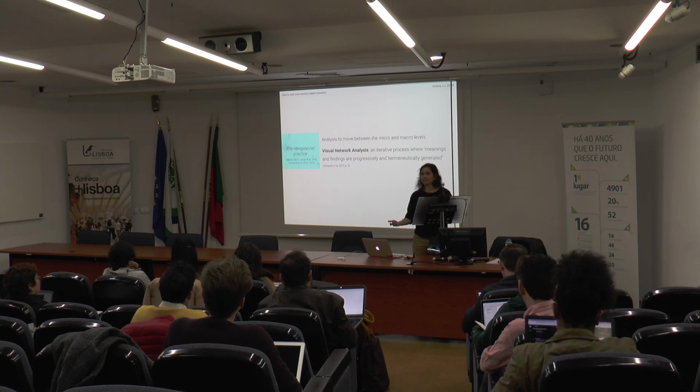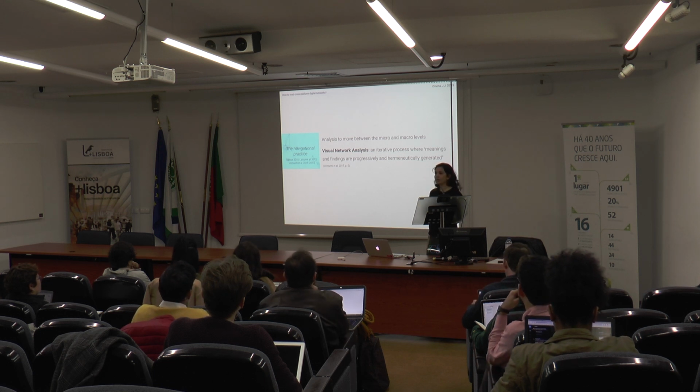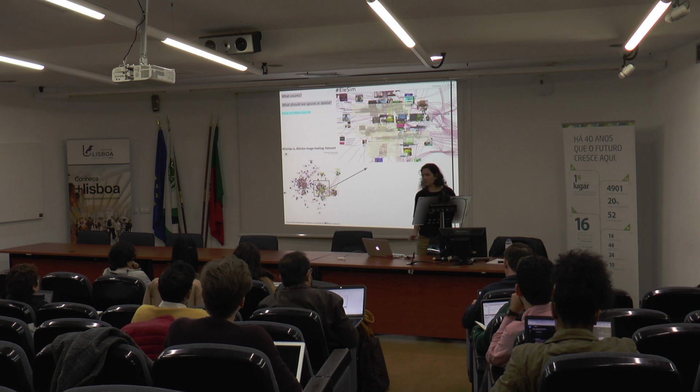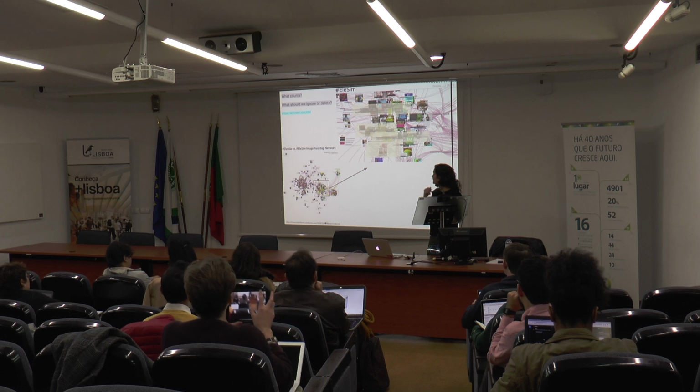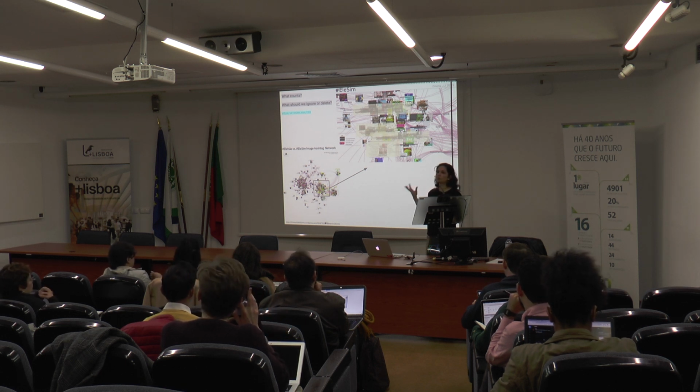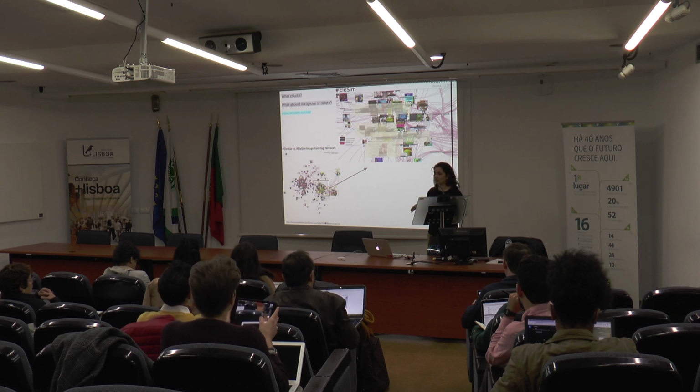So what I'm going to do now is bring some key questions related to visual network analysis that may help you in the process of analyzing different networks. For instance, what counts and what should we ignore or delete? In this case, most of this textual and visual content was generated by automated accounts.